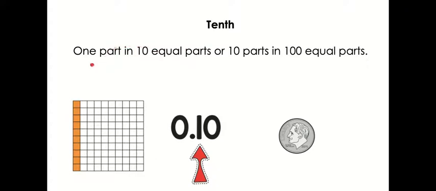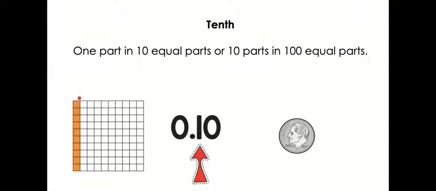Tenths. 1 part in 10 equal parts, or 10 parts in 100 equal parts. That's very confusing, so let me explain a little bit more. So here is the 1 part in 10 equal parts, 1, 2, 3, 4, 5, 6, 7, 8, 9, 10.